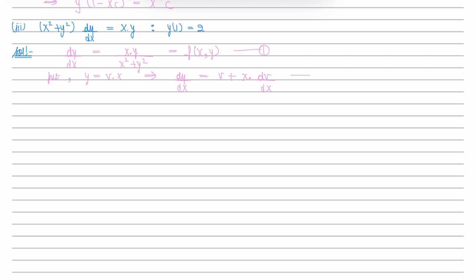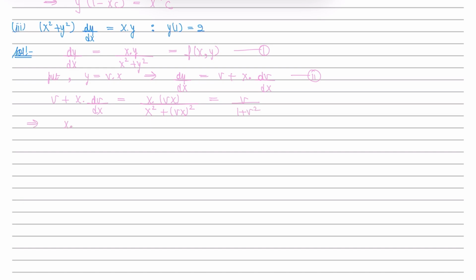And using this equation number 2 in equation number 1, it becomes v plus x into dv by dx is equals to x into v times x divided by x square plus v into x whole square. Taking x square common from the numerator and denominator, this equation will simplify to v upon 1 plus v square.